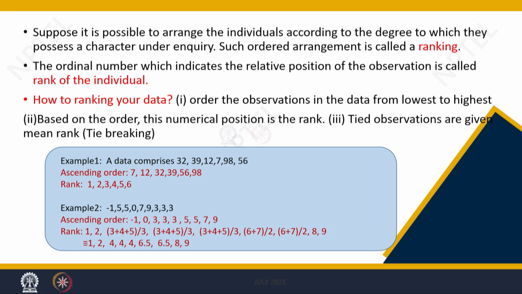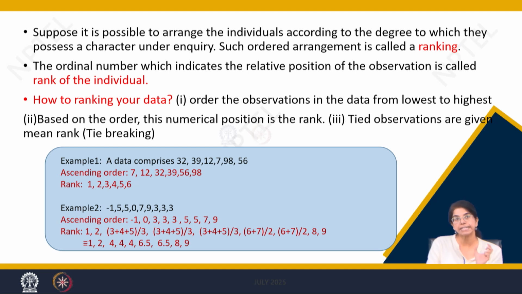So suppose it is possible to arrange the individuals according to the degree to which they possess a character under inquiry. Such an ordered arrangement is called a ranking. So when I am saying ranking, that means I am having some concept of ordering.